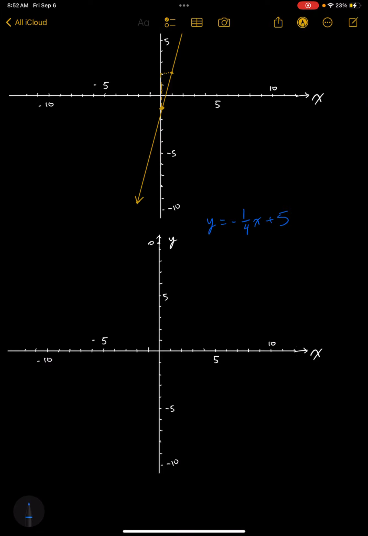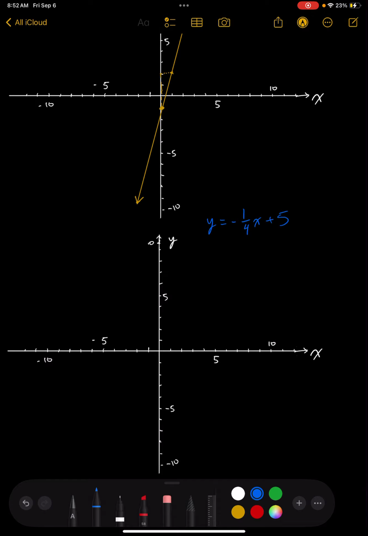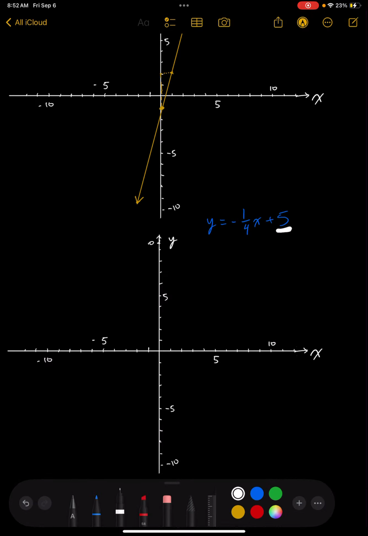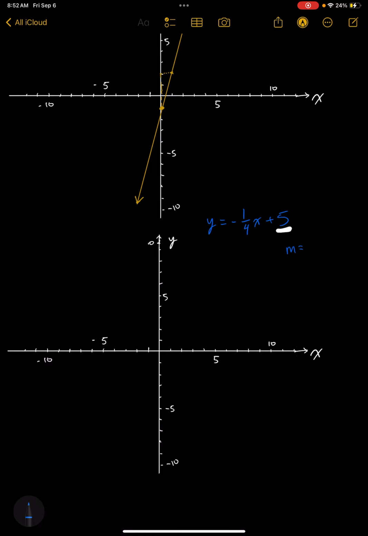So right now we have the y-intercept, which is plus 5. And we have the slope, which is minus, let's isolate it, so m equals minus 1 over 4. Now that's the same thing as saying minus 1 over 4 or 1 over negative 4. It doesn't really matter. So that's the slope.